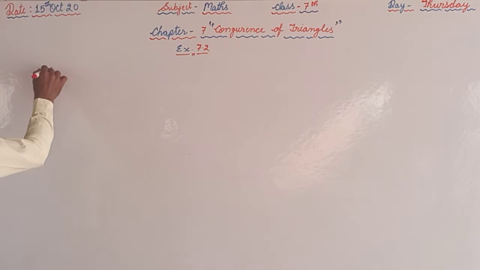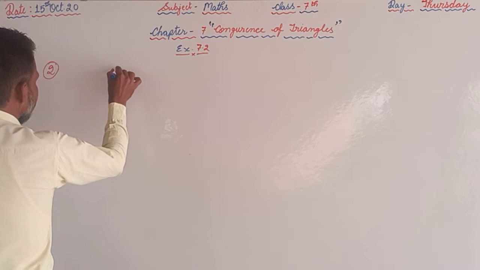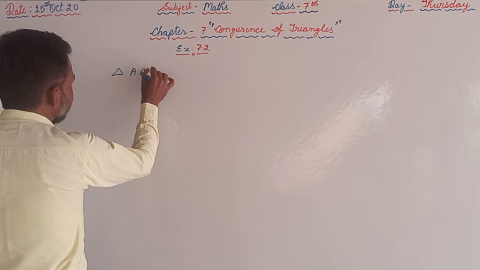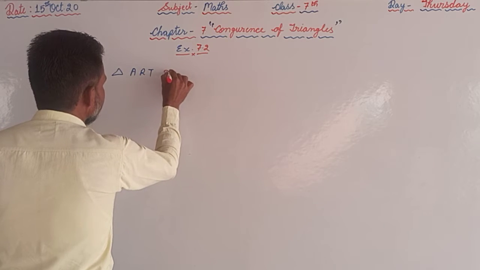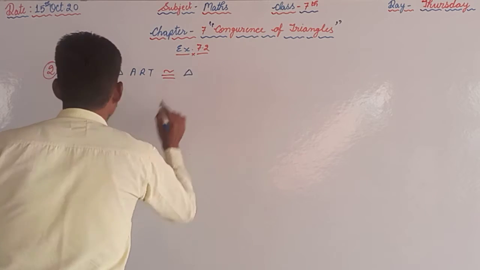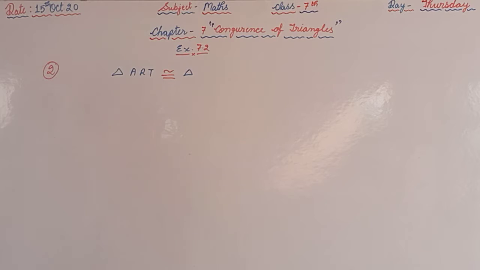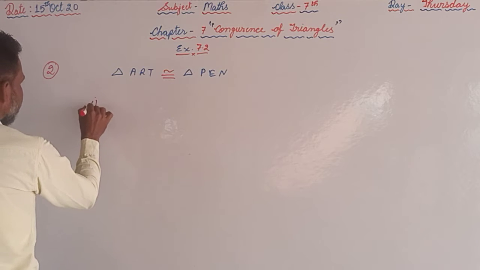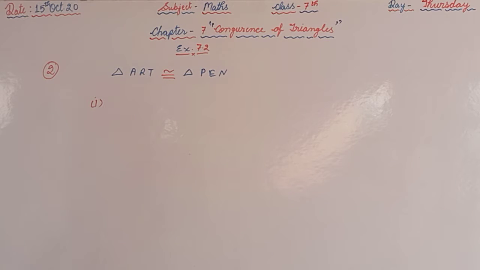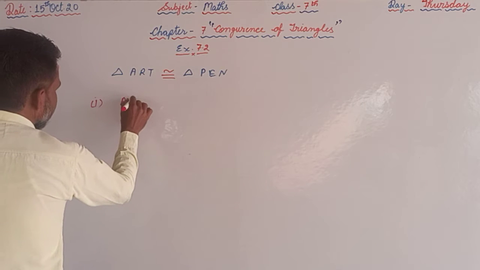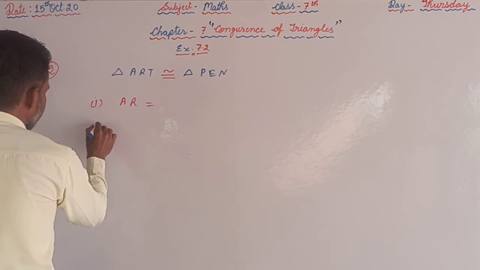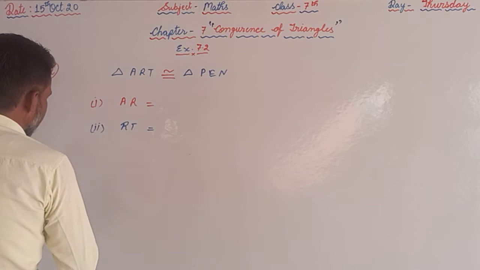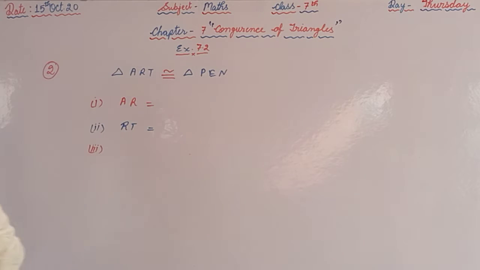Now in question number 2 it is given that triangle ART is congruent to triangle PEN, then we are supposed to find the corresponding parts which are equal, that AR will be equal to, second part, that is RT will be equal to, and the third part AT will be equal to.